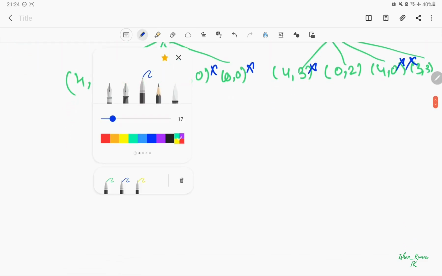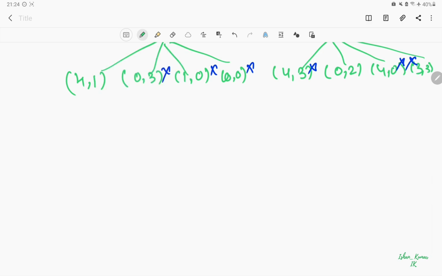Now from 4, 1, if we empty it, we will get 0, 1, 4, 0. If we apply pour, we will get 2, 3. Now empty done, pour done, if we fill it 4, 3 here.